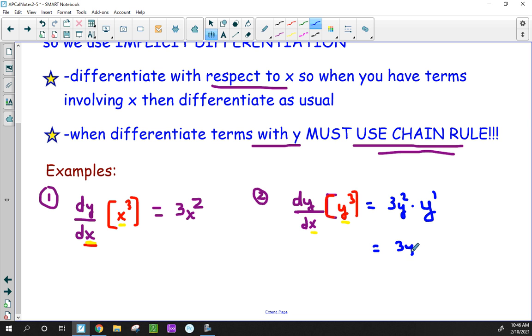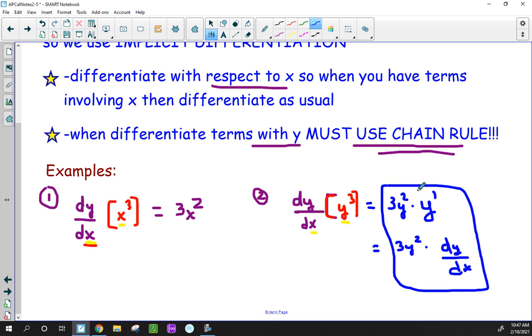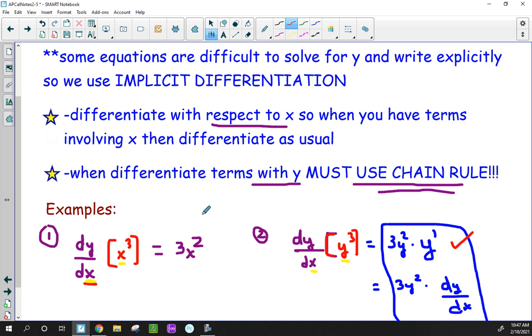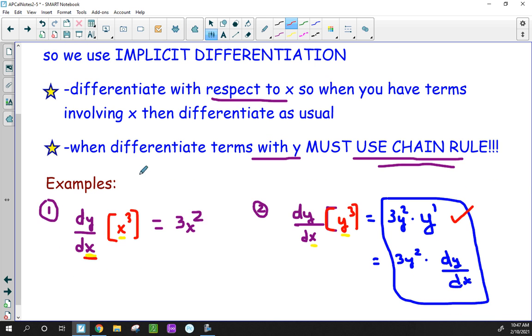You could have said 3y squared times dy dx. Both of these mean the same thing, but in my opinion, when you're solving problems using implicit differentiation, I like it written this way, because I can find this a lot faster in the midst of a long problem. But again, that's just my opinion and my preference.